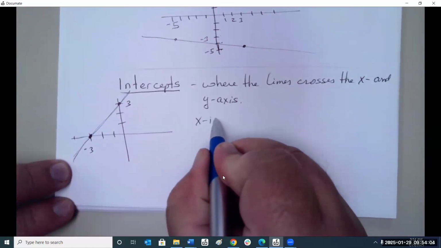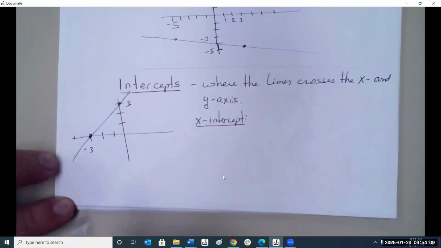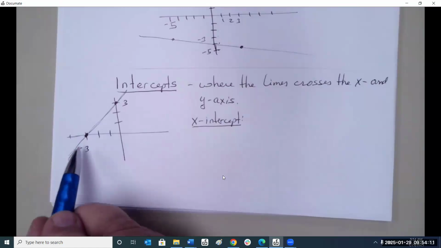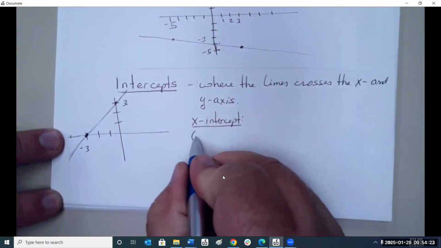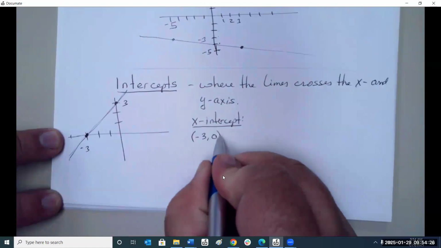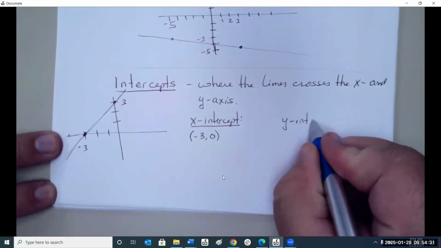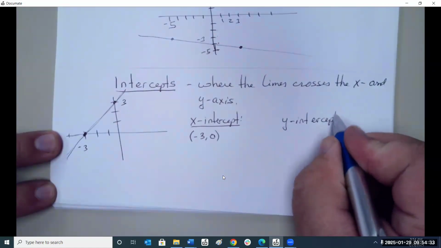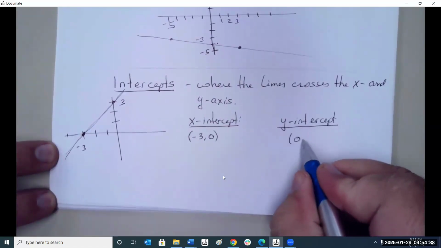The x-intercept, what's the location of the x-intercept in this graph? Just -3? It's a location. It's a point. Right. So the location of this one is -3, 0. What's the y-intercept? 0, 3.